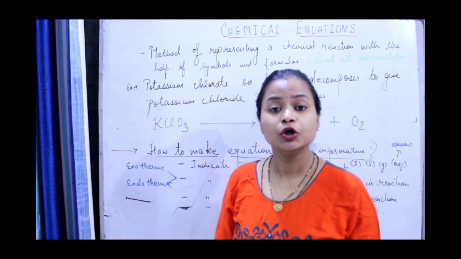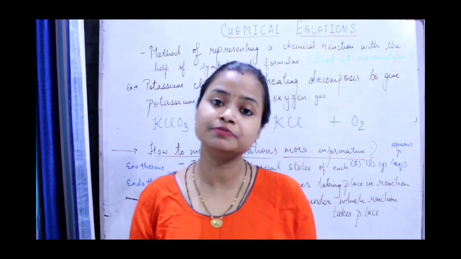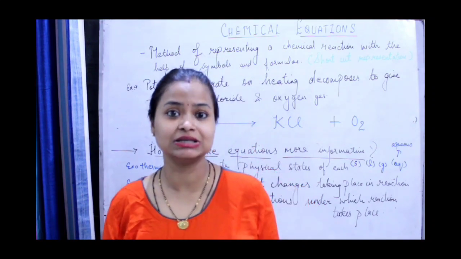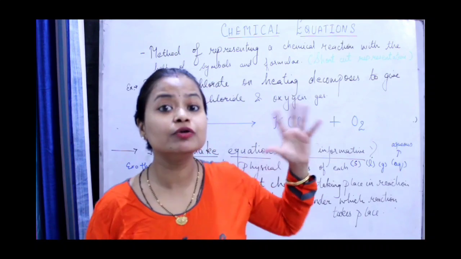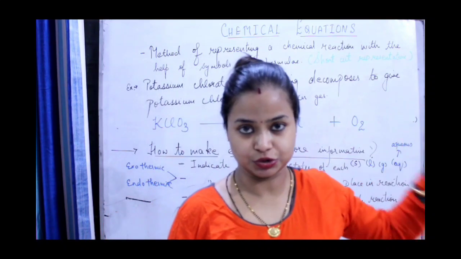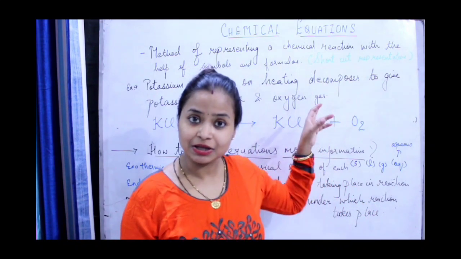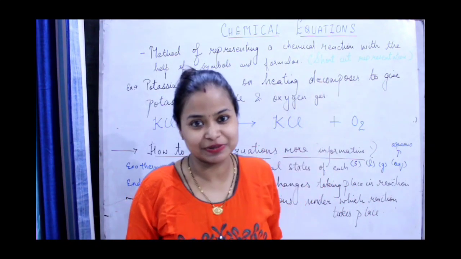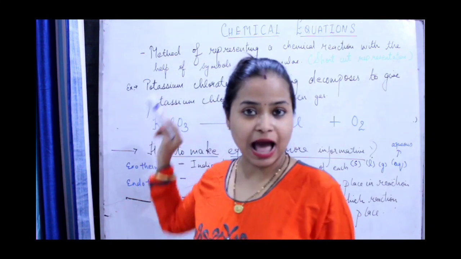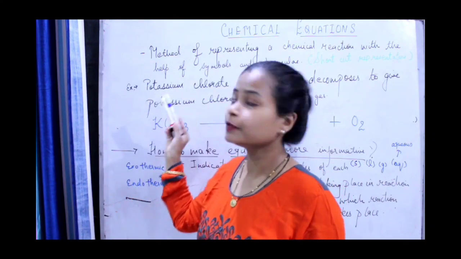Before that, you need to have your concepts clear of writing the chemical formulas which you have studied in class 9th. Then only you will be able to write the entire chemical equations, okay? So these chemical equations are shortcut representations of a chemical reaction. Fine. Now see, I have taken one example over here.